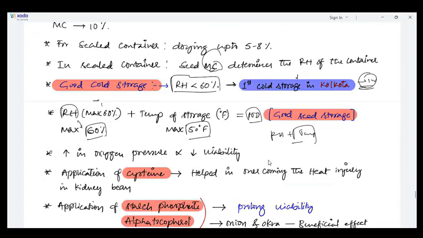So if RH is 60, the drying or storage temperature should be 40. If it is 50, it should be 50. So this is how it should be maintained, so that it adds up to 100, and this implies good storage conditions. This is according to Harrington's rule.